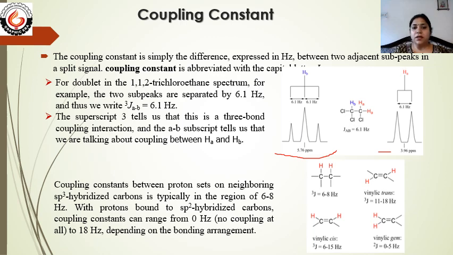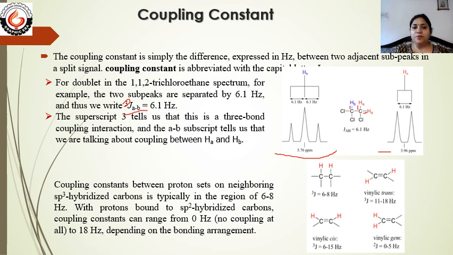In the coupling constant here, it is shown that 3JAB equals 6.1 Hz. So here the number 3 tells us that this is a 3-bond coupling interaction. The coupling interaction spans 3 bonds. Here the first bond is for HB, the second bond is for HA, and the third bond is again for HA.